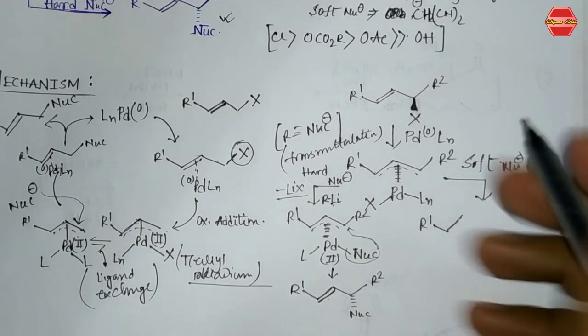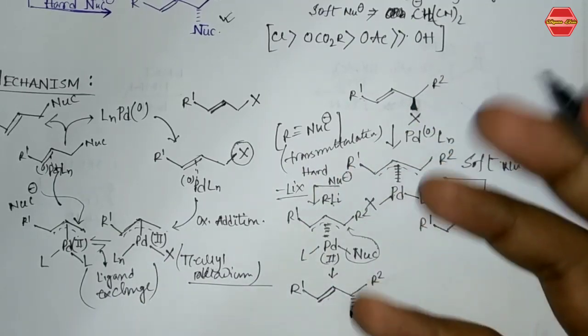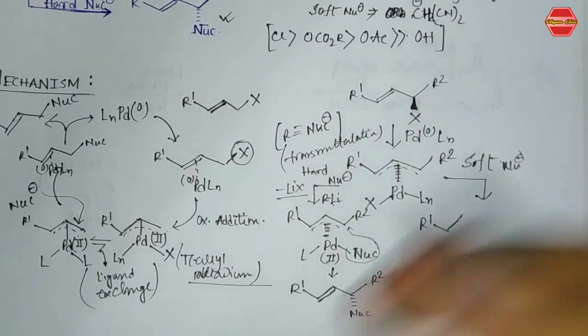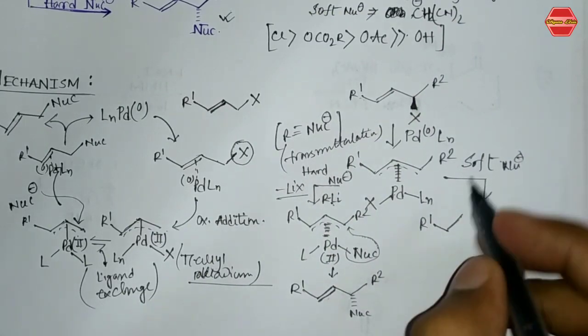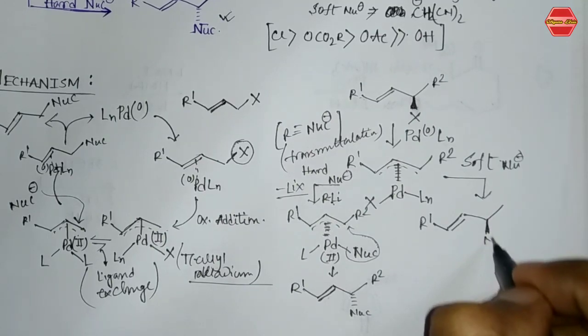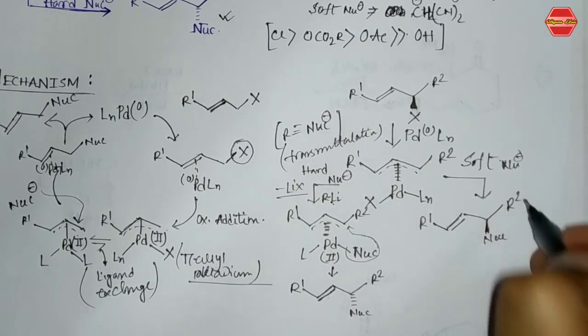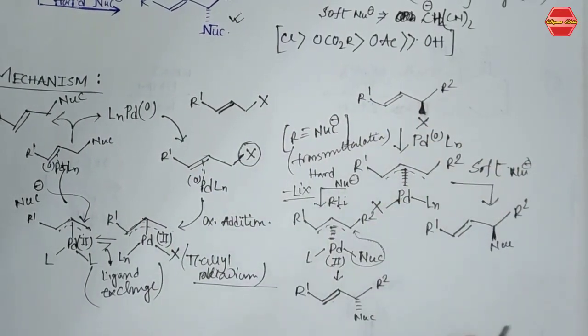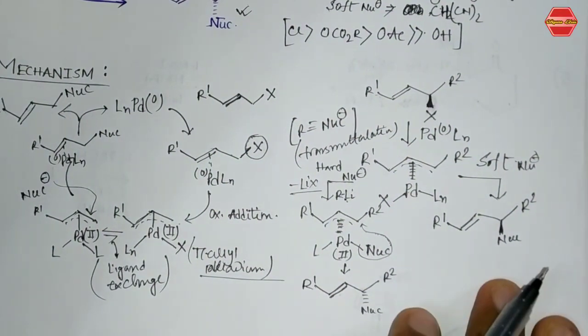So the first step is the inversion, and the next step is another inversion. So double inversion gives the retention of configuration of the product. So we are going to get this one, that is Nu-C. This kind of transmetallation step does not occur in the soft nucleophile case, so that is why you are going to get this product as the major one, right?